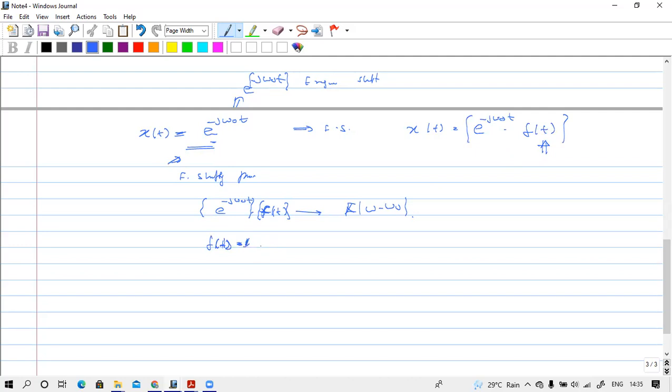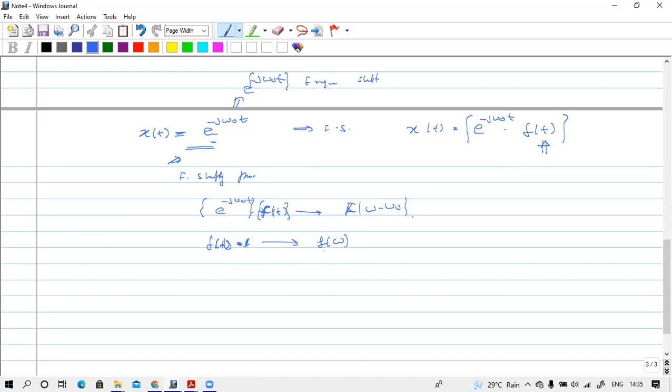And you know the Fourier transform of 1 is delta omega. We have found it just now.